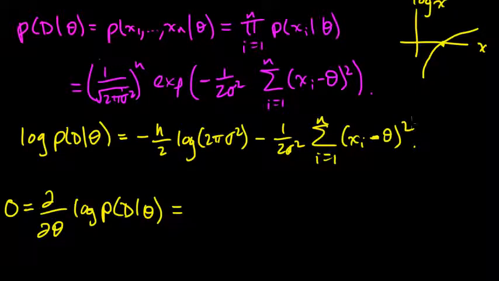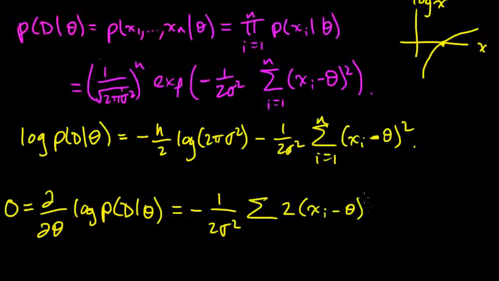We pull down a 2, and then we get 1 over 2 sigma squared, sum, differentiate this, we get 2 times (xi minus theta), differentiated, times minus 1. We take the derivative of xi minus theta, and that's minus 1. And the minus 1 kills this minus, so we just get plus here.